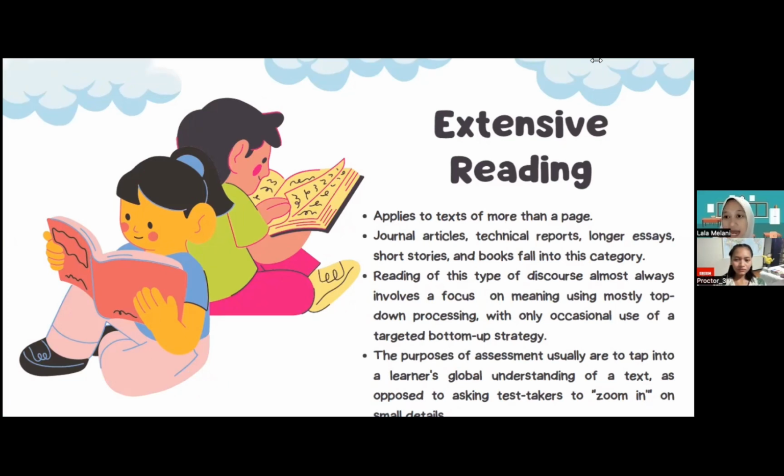Reading of this type almost always involves a focus on meaning using mostly top-down processing, with only occasional use of a target bottom-up strategy. The purposes of assessment usually are to tap into a learner's global understanding of a text, as opposed to asking test takers to zoom in on small details.